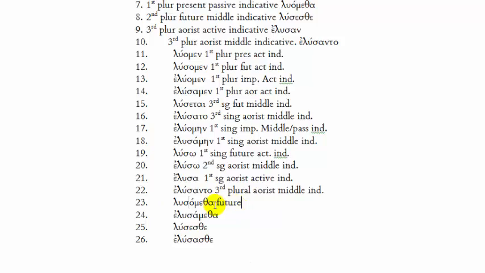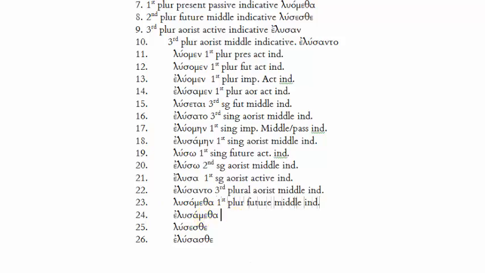Well, the metha should tip us off that this is a middle or passive ending, so it's not going to be active. I think it's going to be middle. So I'm thinking first plural future middle indicative.